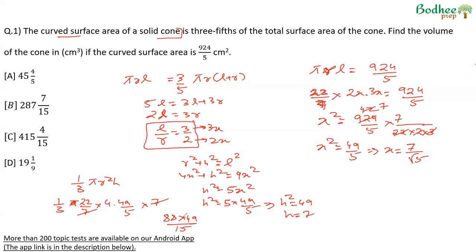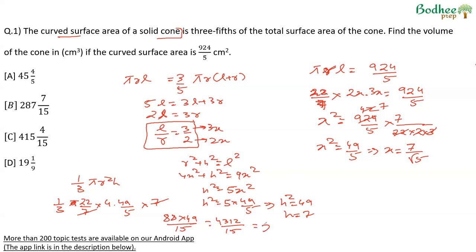88 into 49 will be 50 into 88, which is 4400, minus 88. This will come out to 4312 upon 15. 4312 you have to divide by 15.